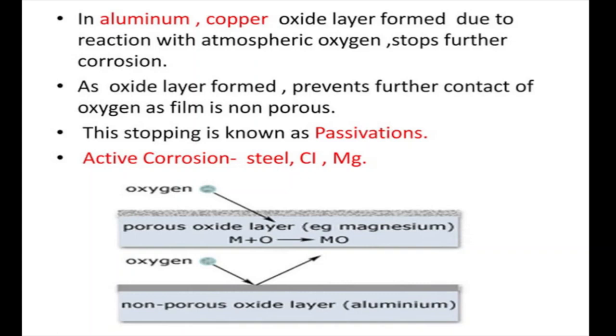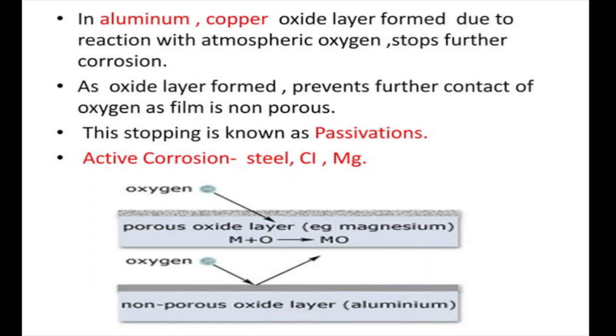Once the oxide layer of aluminium or copper is formed, from that moment onwards the corrosion reaction is stopped. This stopping is known as passivation. So intentionally or unintentionally, passivation occurs to protect materials like aluminium or copper from further corrosion.